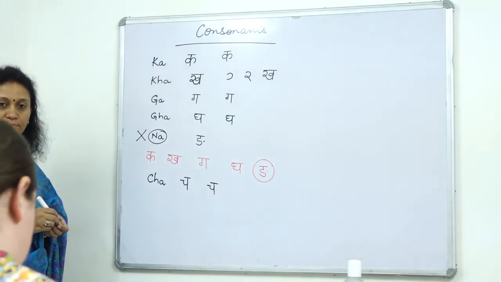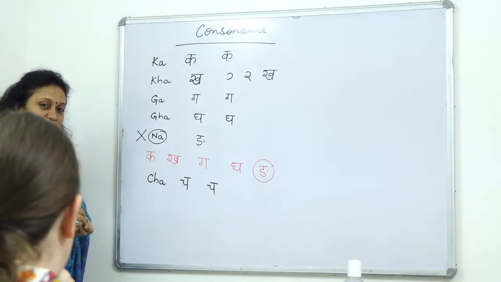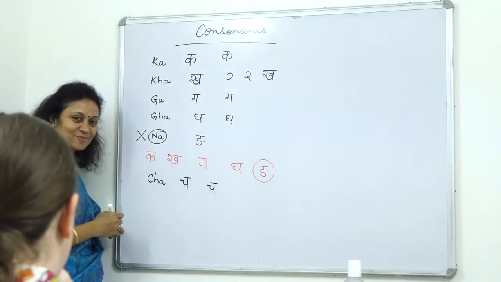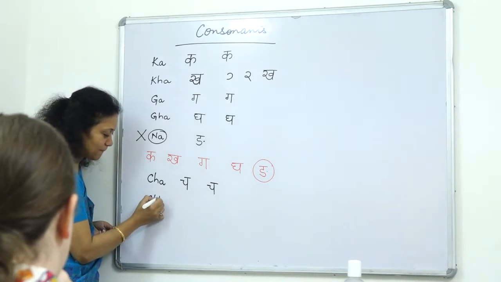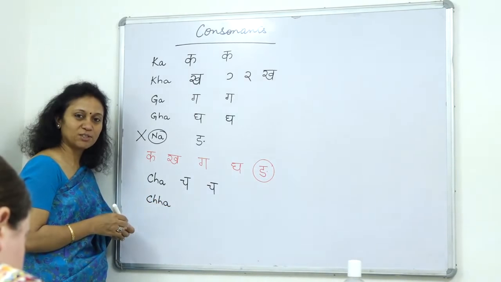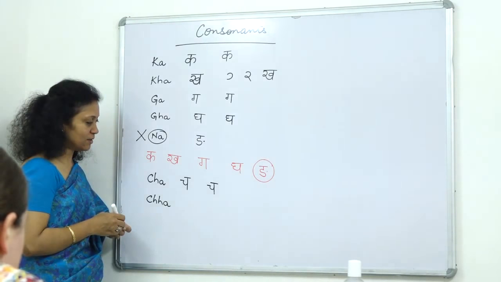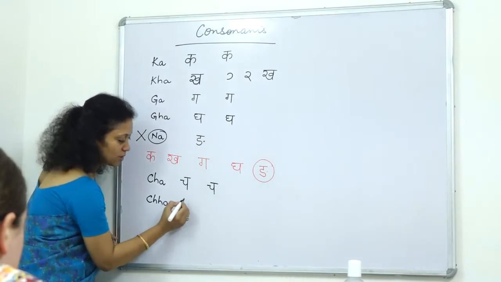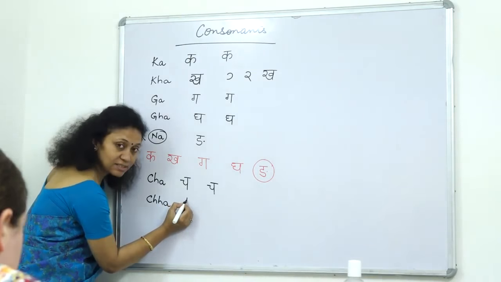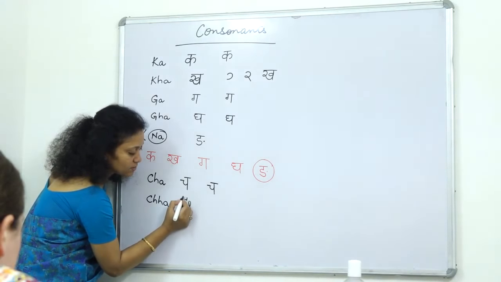So what will be the next sound? Chh, like a cha. For this chh, you draw a little vertical, make an inverted 3, but this time big. Take a loop and get it down.